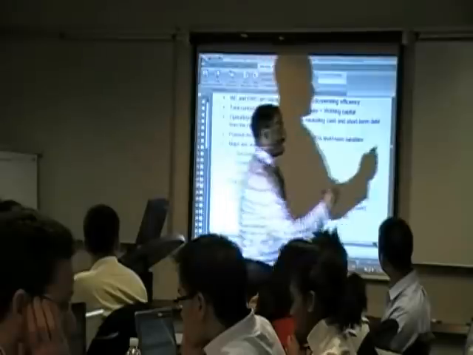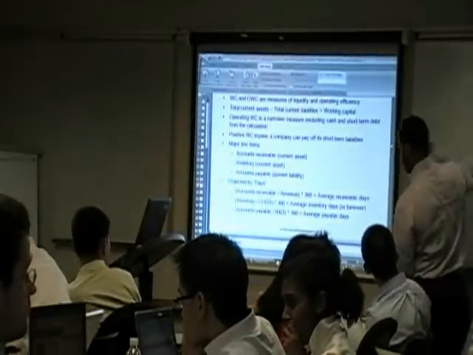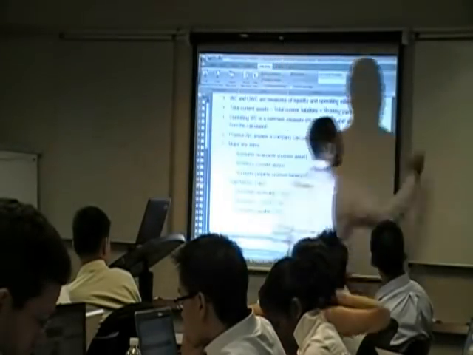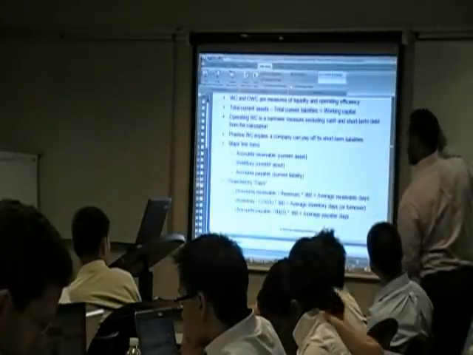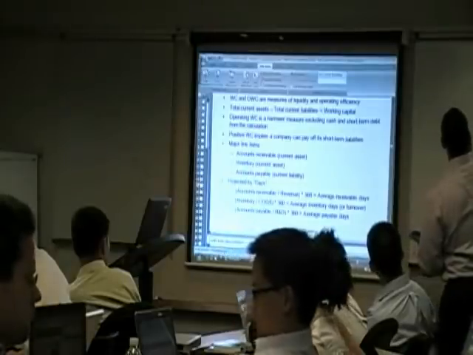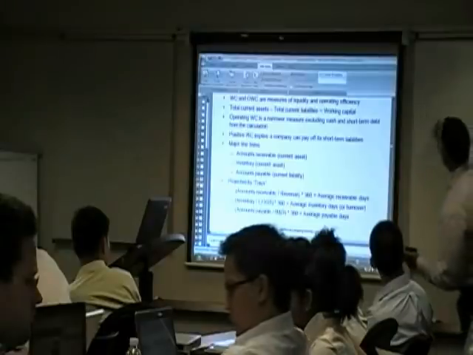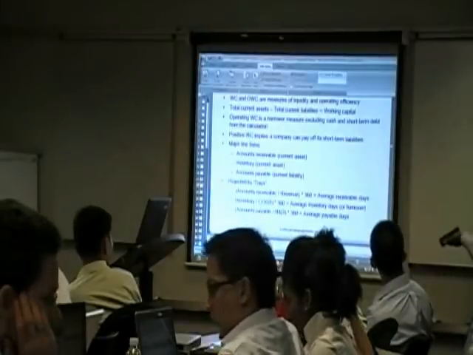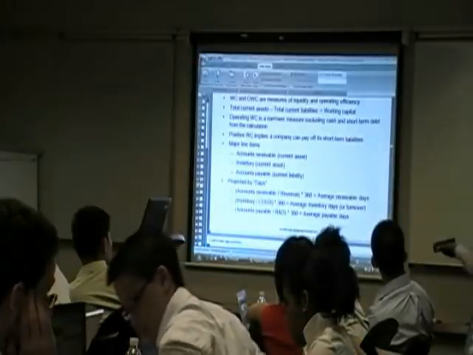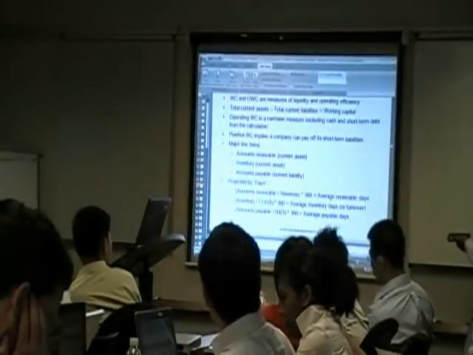So let's just look at it. It's AR divided by rev times 360 equals ARD, and we want to isolate AR by itself. So just in algebra, we know whatever we do to one side, we do to the other, right? So I'm going to divide by 360 here, cancels out, divide by 360 here.